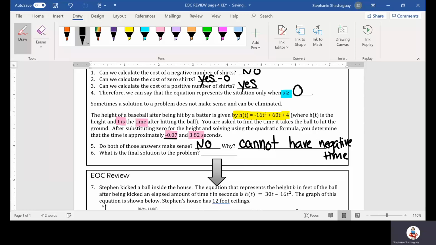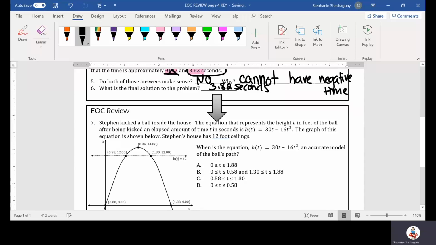What is the final solution to the problem? Well, if you can't have negative time, that means that the only final solution we could have is 3.82 seconds. Because it's the only solution that makes sense, because it has to be a positive number to be time.